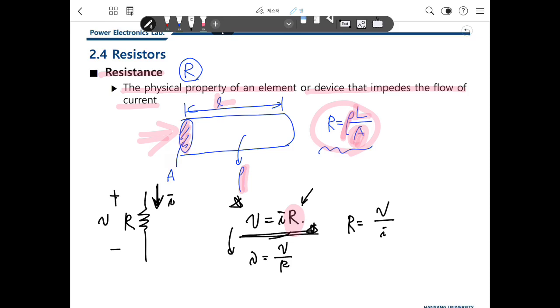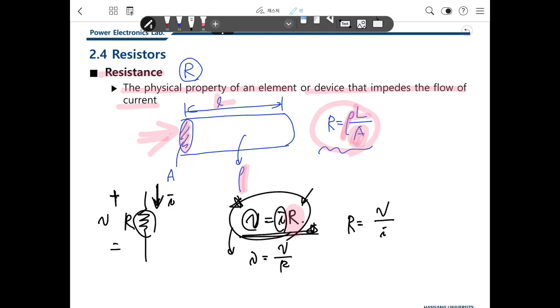Based on this equation, we can check the current through this element and the voltage placed across the element. And here I need to talk about what is analyzing an electric circuit.